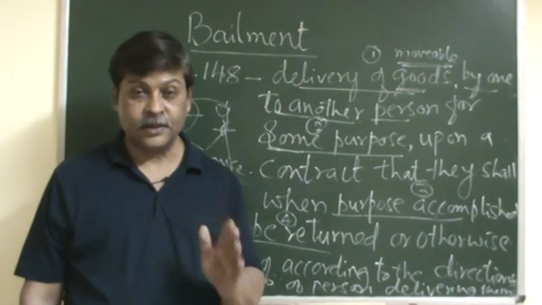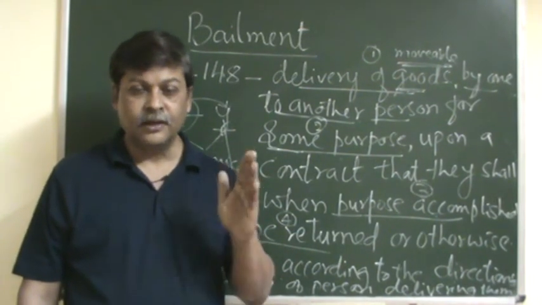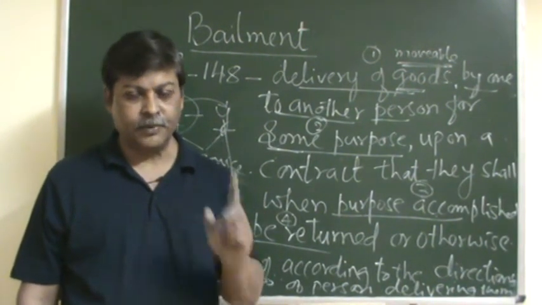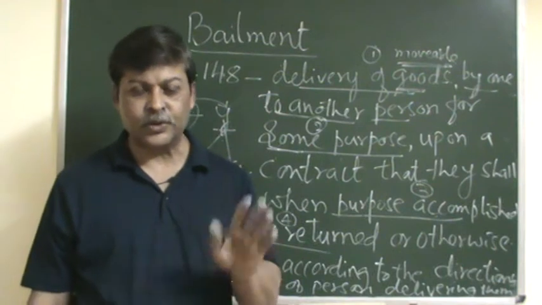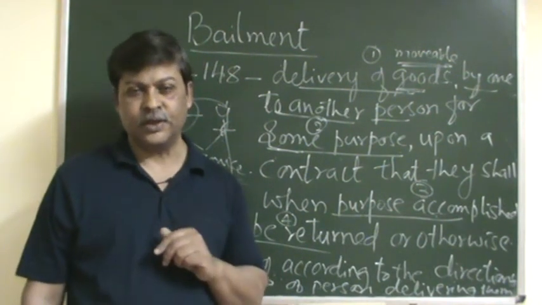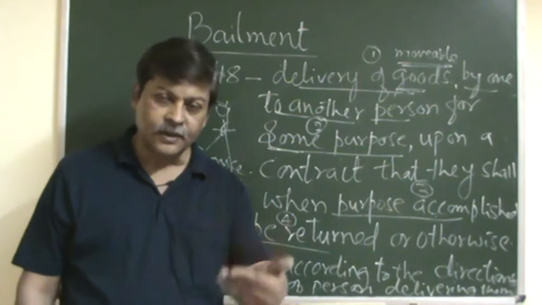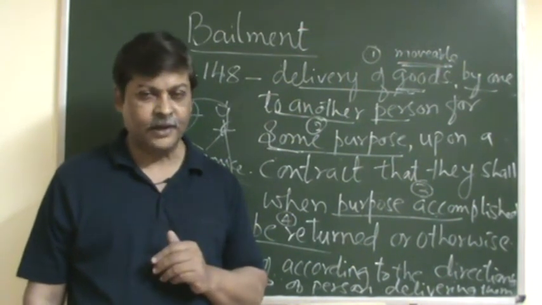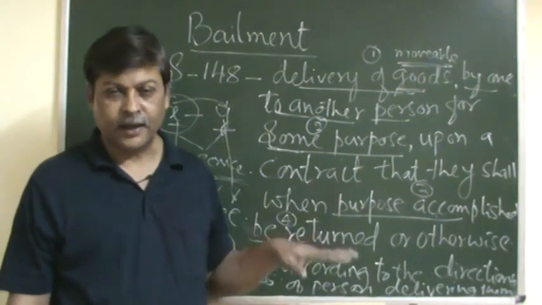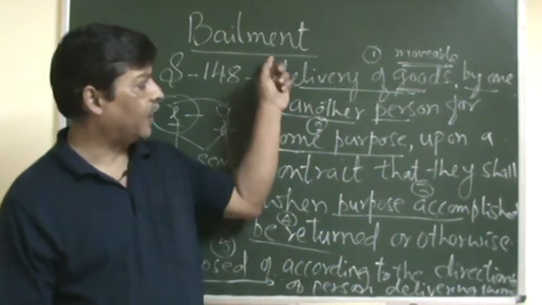That is the next topic we are taking: the rights and duties of the bailor. A bailor is a person who delivers the goods, and we will also discuss the rights and duties of a bailee who has received the goods. This is the meaning, definition and types of bailment that we have covered.